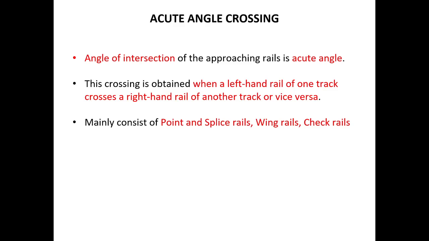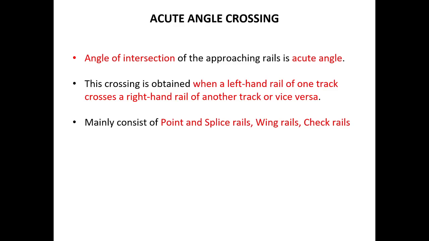The crossing is obtained when a left hand rail of one track crosses a right hand rail of the other track or vice versa. So this type of crossing is provided when the left hand rail of one track crosses a right hand rail of another track.